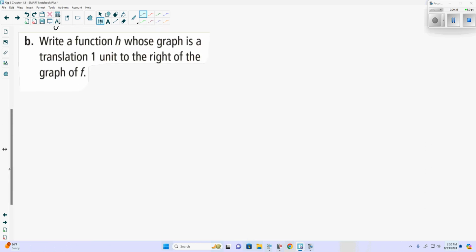Write a function h whose graph is a translation of 1 unit to the right of f. So our new function's name is h of x.